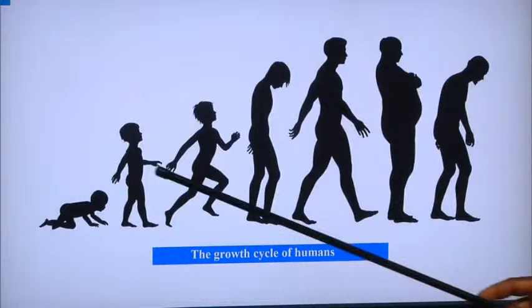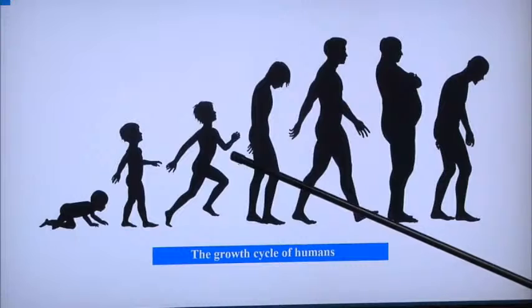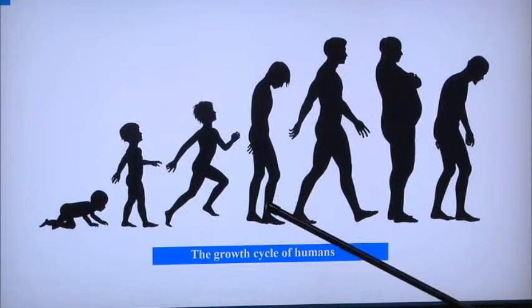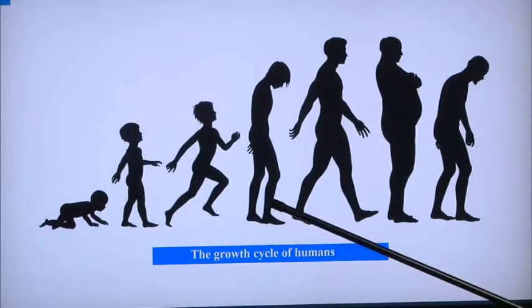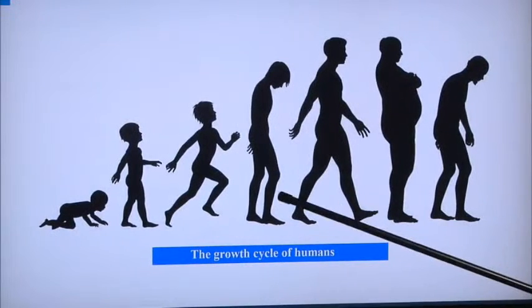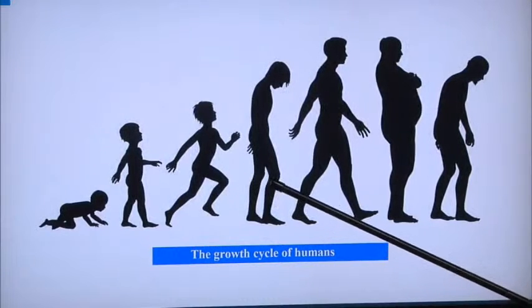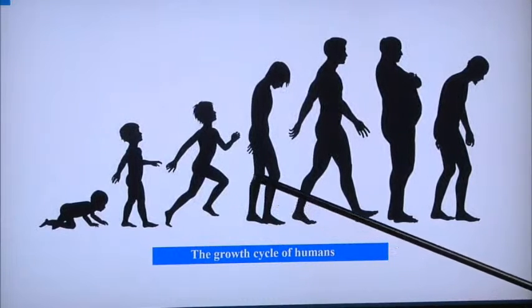Start walking. The child will start what? Running and becomes an adolescent. He can do things on his or her own. The child can bath on his own, eats, unlike at first when the mother used to help him or her.